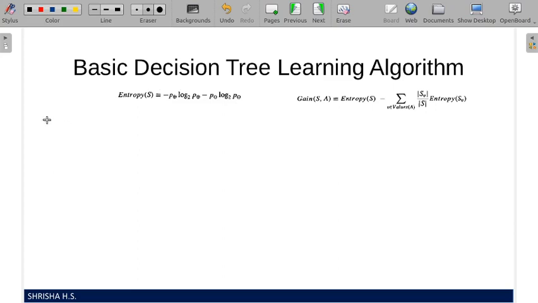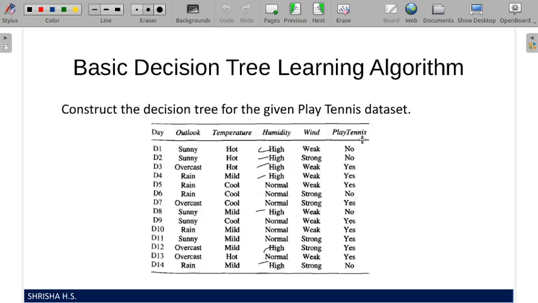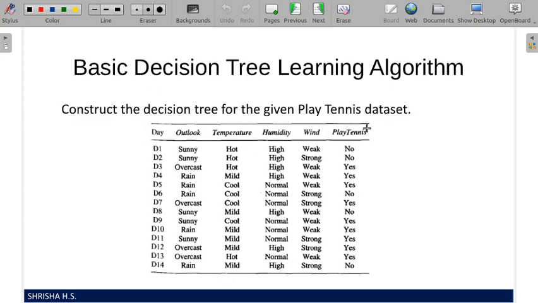Next one, we will calculate the information gain with respect to wind for the data set. How do we calculate? Entropy of S minus, for wind how many values are there? Weak and strong, only two values. How many are weak? 1, 2, 3, 4, 5, 6, 7 and 8. 8 values are weak.